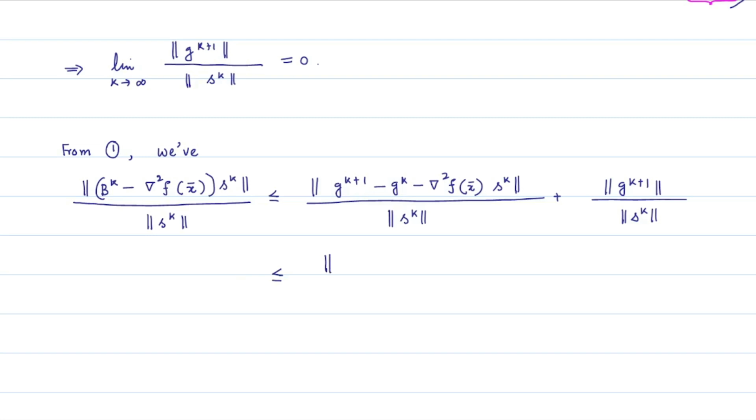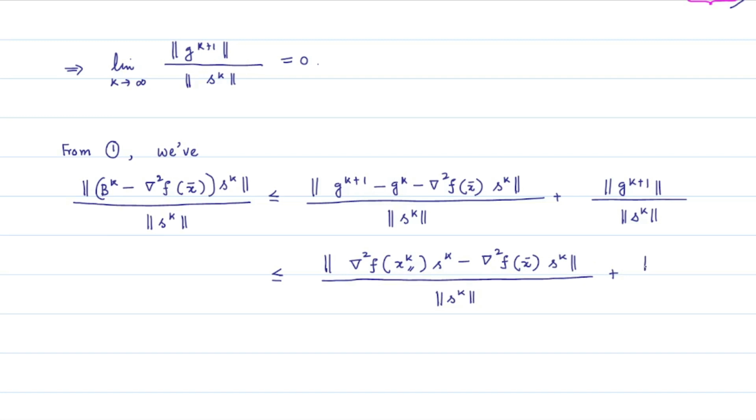which by the mean value theorem can be written as g_{k+1} minus g_k, the Hessian at some x_k double dash c, where x_k is a point in between the line segment joining x_k and x_{k+1}. This times s_k minus the Hessian at x bar times s_k divided by norm of s_k plus norm of g_{k+1} divided by norm of s_k.